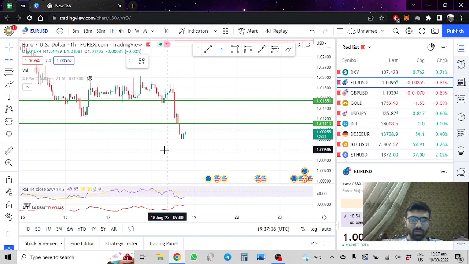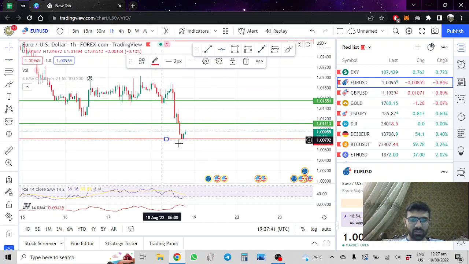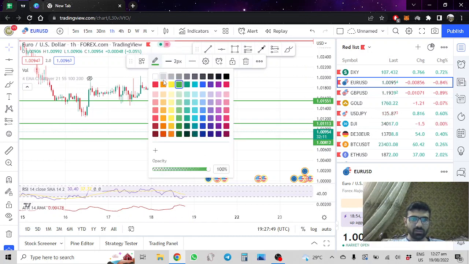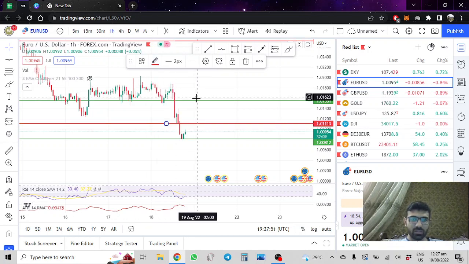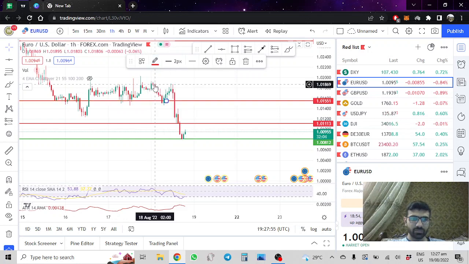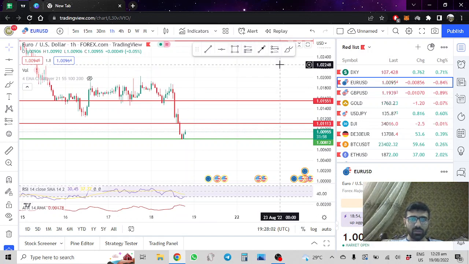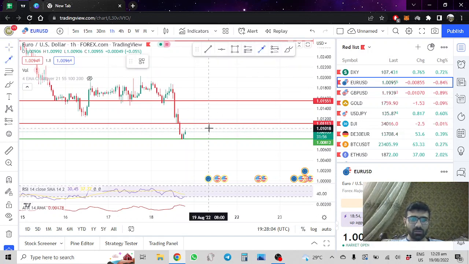So first of all, I'm gonna mark this area as the lowest area. This would be our support. This is our first level of resistance, and this is our second major level of resistance. Since the market is over here, we are gonna make some arrows.